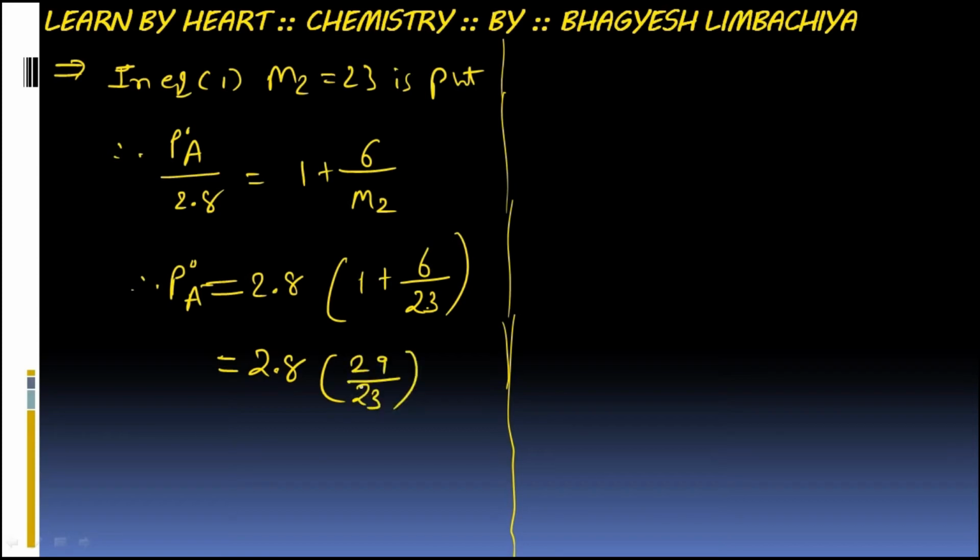So it will be 29 by 23, and finally we are getting 3.53 kilopascal. So this one is the answer number 2.